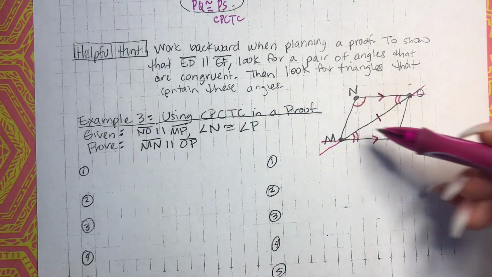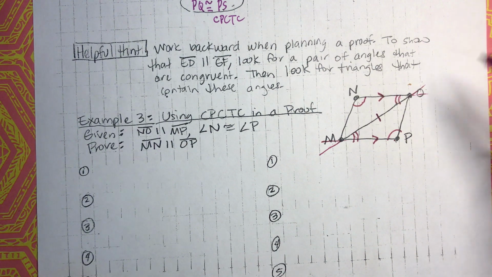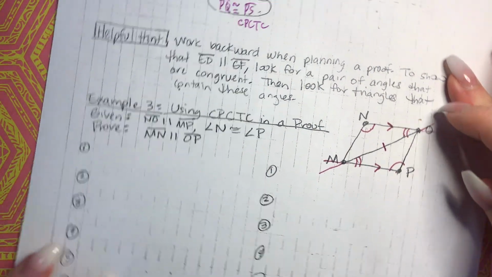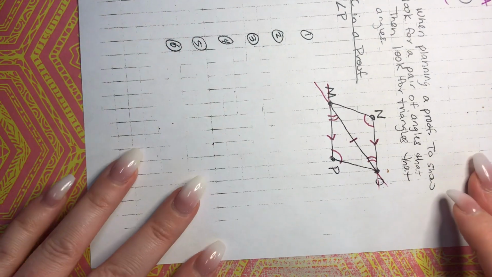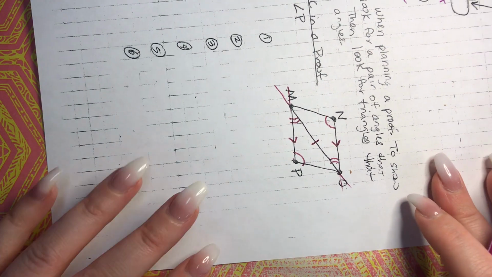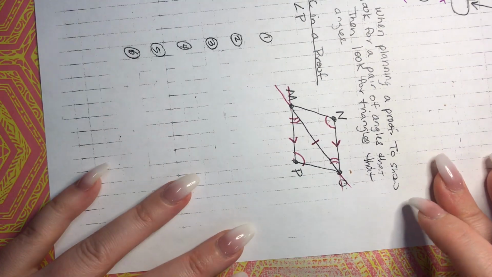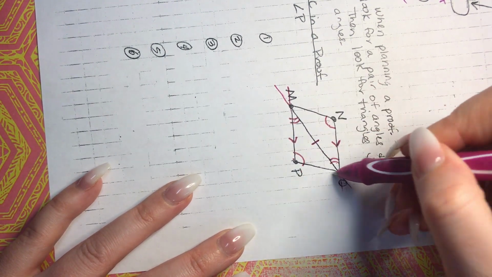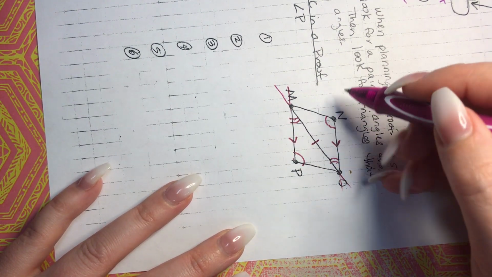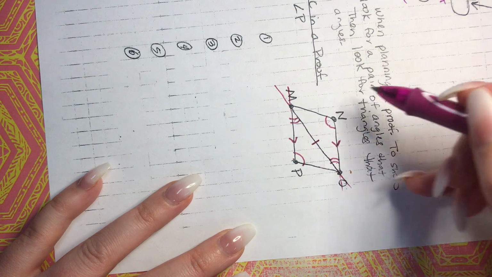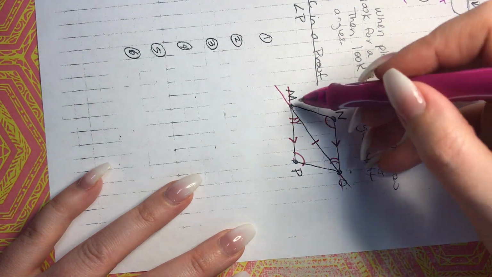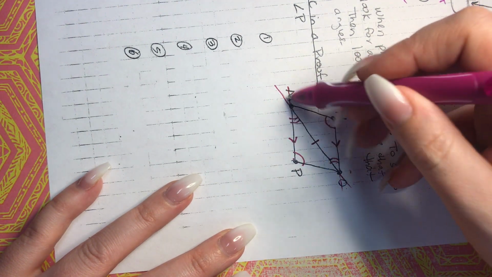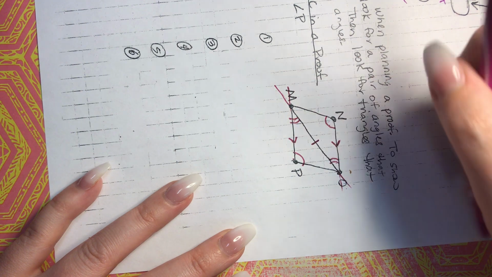So to have these be parallel, what angle do I need to be congruent in order to do the converse of, so let's see here. If I need these to be parallel, we're going to work backwards. This is probably going to be my transversal, right?